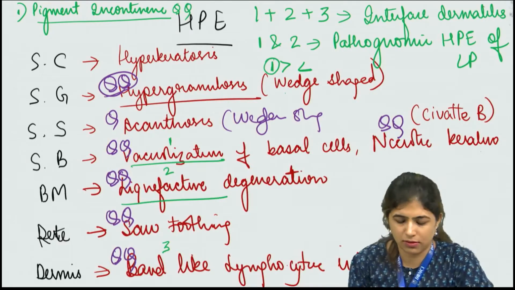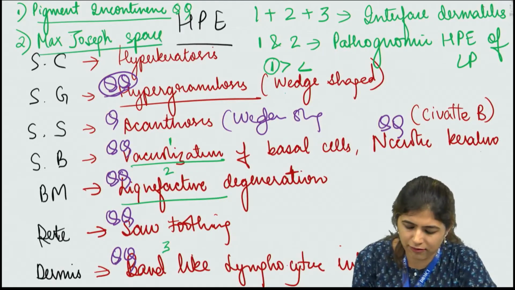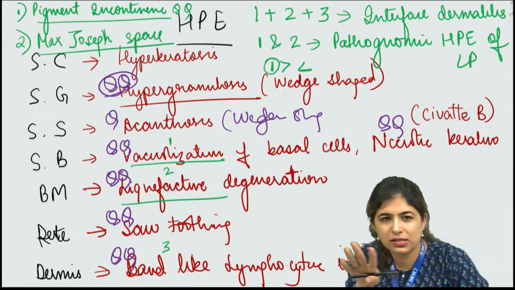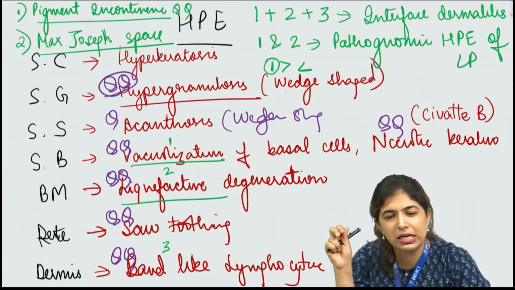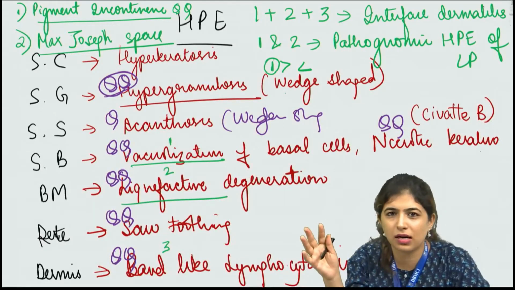Important question. Second thing that you have to remember is the Max Joseph space or cleft. What happens is, in the histopath, when the interface is damaged, there may be some clear spaces which appear in the histopath. This is just an artifact.